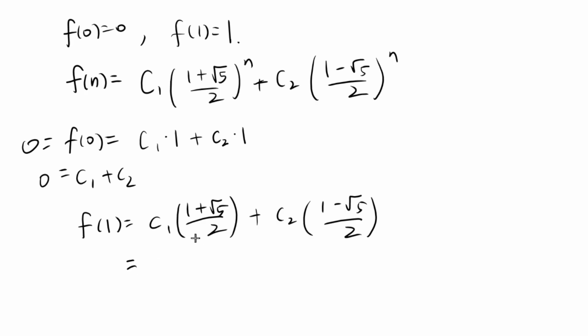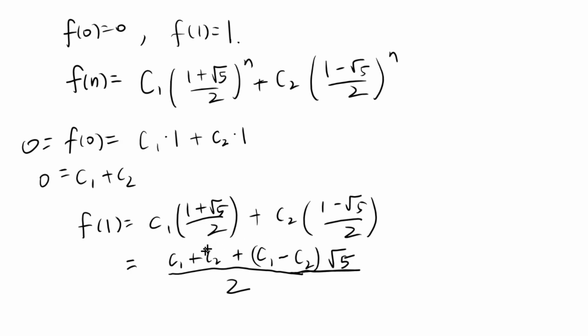And if we put it over a common denominator, then it's c1 times 1 plus c2 times 1, so it's c1 plus c2. And the terms that have square root of 5 are c1 and then negative 1 times square root of 5, so it's c1 minus c2 times square root of 5. And then you immediately notice that c1 plus c2 is 0 in the first condition, right? So that's just 0.